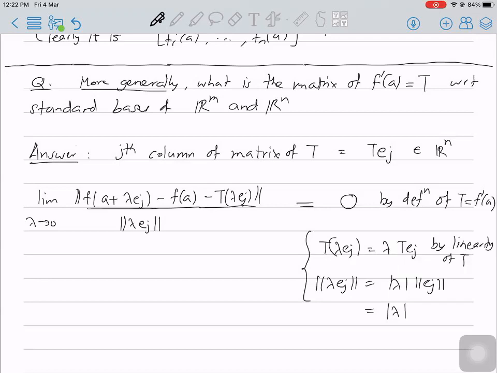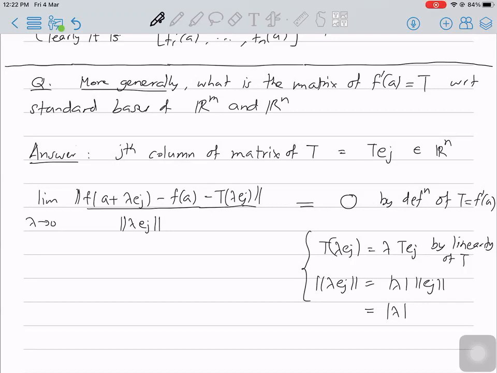Notice I can take any norm I like. I just take, let's say, the usual Euclidean norm, or the max norm, or the p equal to 1 norm. Doesn't really matter. In all of those, the norm of ej is 1.